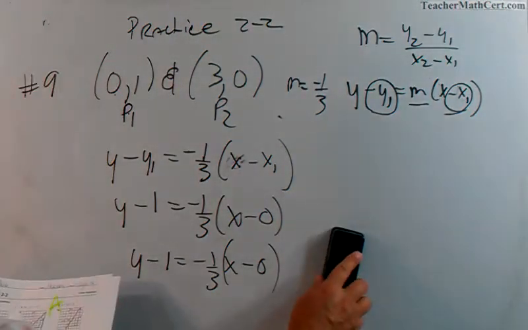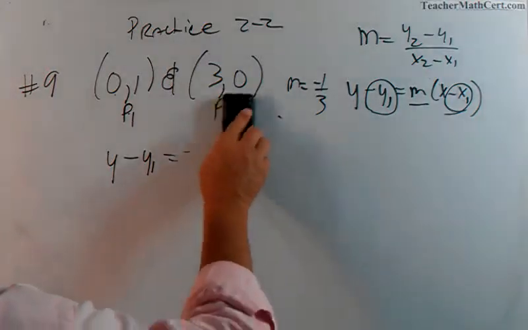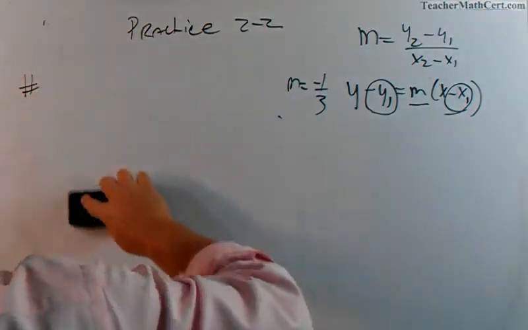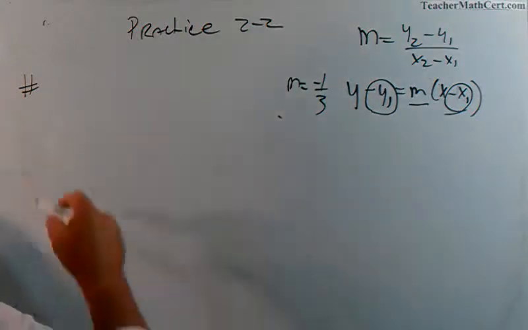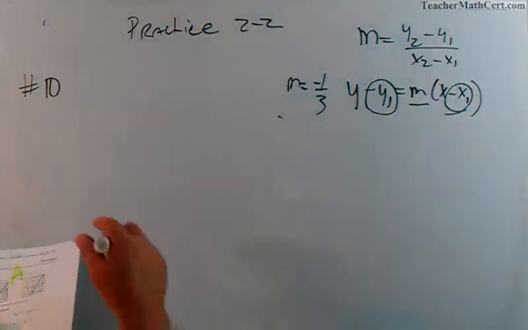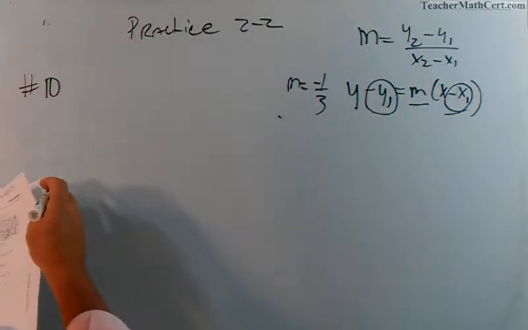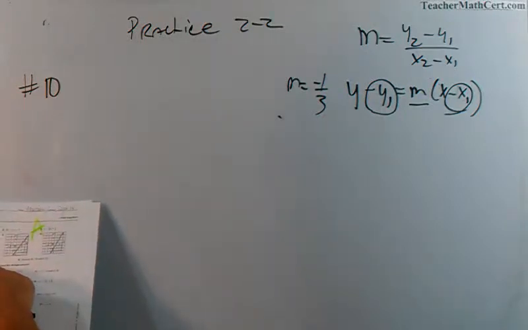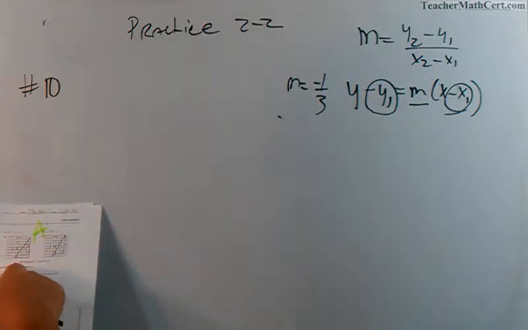All right, let's do number 10 here. Let me check the time here. Yeah, we got 4 minutes left. So let's try number 10. Same thing: write in point slope form the equation of the line through each pair of points.